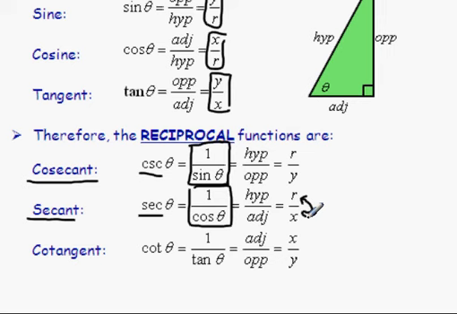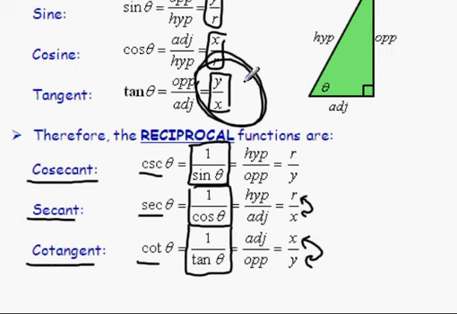So the reciprocal of sine is cosecant. The reciprocal of cos is secant. And the reciprocal of tan is cotangent. Okay, and the short form for that is COT. Okay, so we have these three reciprocals, and what it means is you're switching the numerator and the denominator from the regular ratio. Okay, so the regular ratio for tan is y over x.